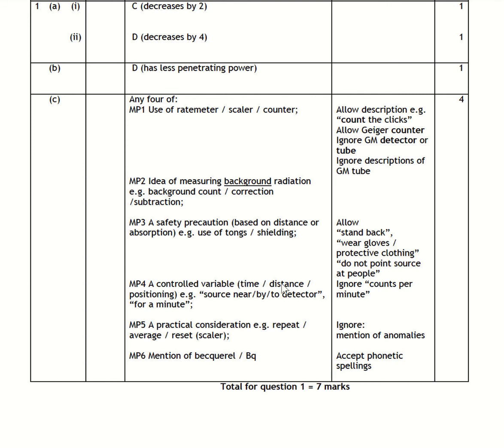Controlled variable: time, distance, positioning. Example: source nearby to detector for a minute. Practical consideration: repeat, average, reset scaler.